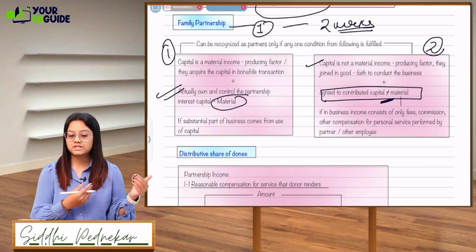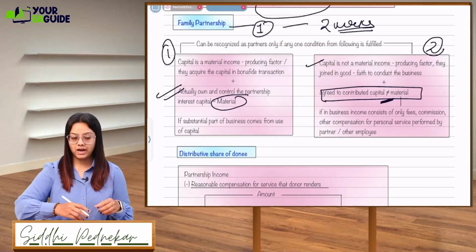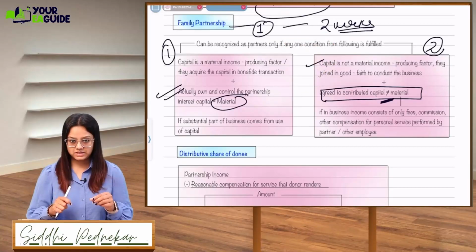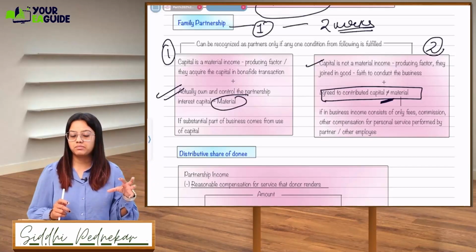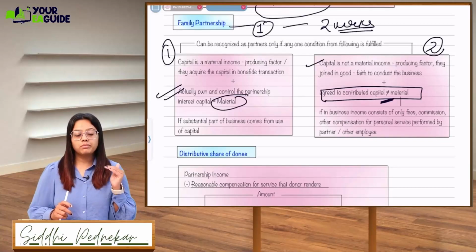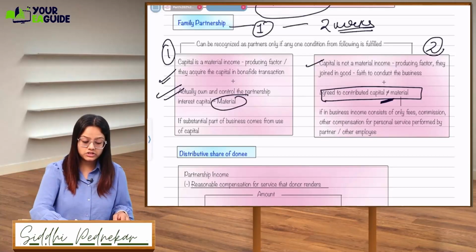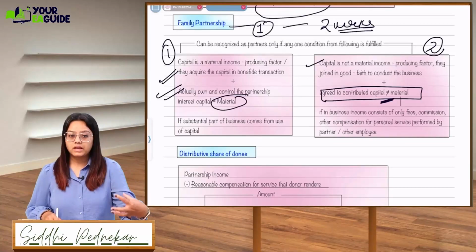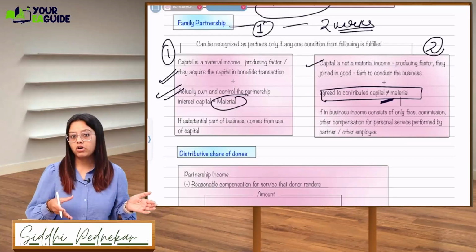So this can be recognized as a partner only if one condition is fulfilled. So let's say me and my sister are starting a business, right? And if capital is an income producing factor in the business, okay, we are starting a business, but she has not contributed any capital, she's just running the business with me, so she will not be recognized as a partner, since the condition to be fulfilled is what? She has to contribute capital plus actually own and control the partnership along with me, right?